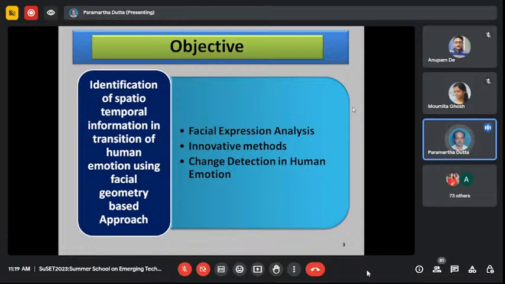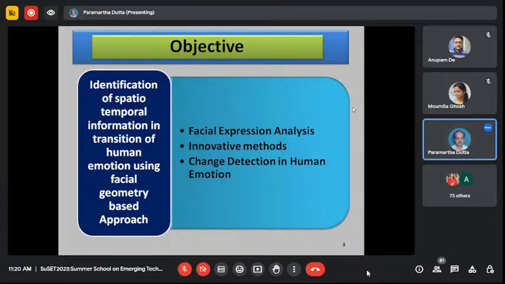So I reassure you that we are not going into the details of mathematical and other technical aspects. Rather, we put all the material, all the discussion, within a level that is possibly understandable to a major part of the audience, if not all.